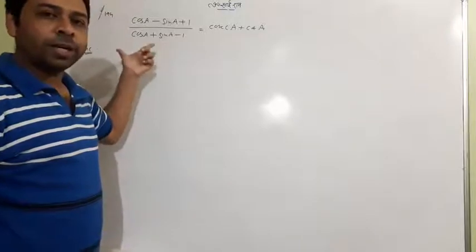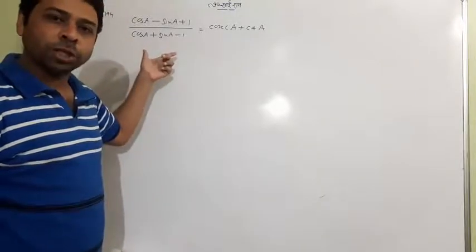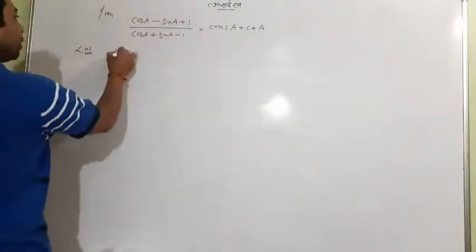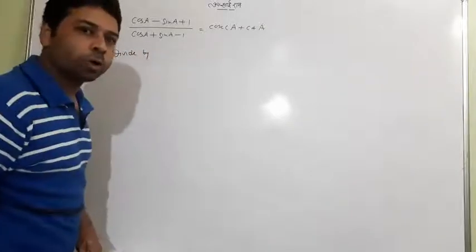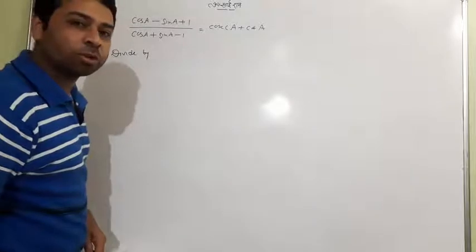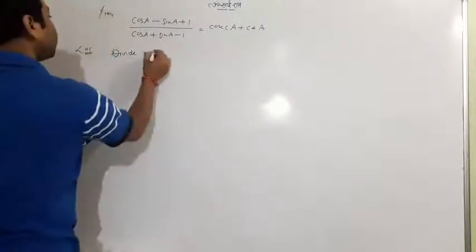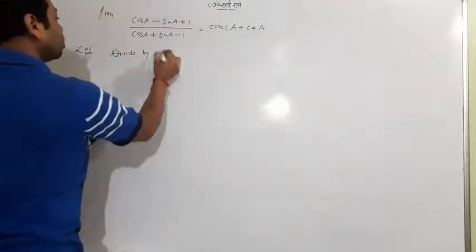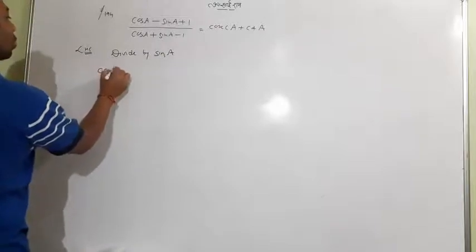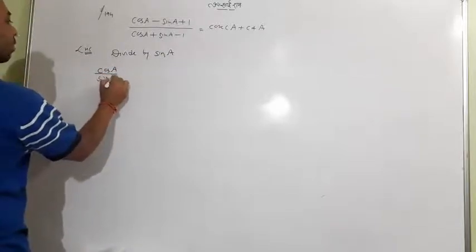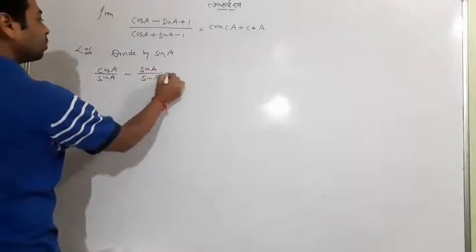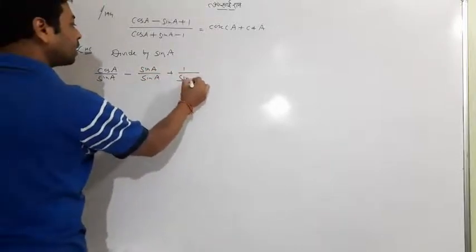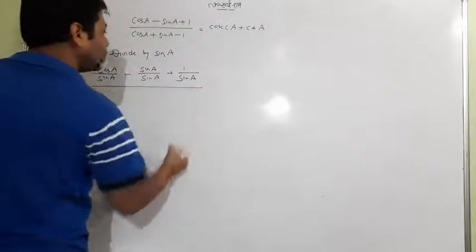So how can we create cosec and cot from the initial terms? I'll divide by sin. You must know last time I divided by cos, so it created sec and tan. This time I'll divide by sin. So what will happen? Look at cos A upon sin A, sin A upon sin A, 1 by sin A. This is actually exceptional.